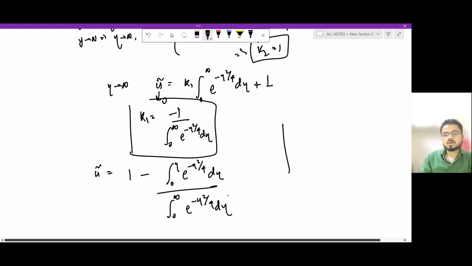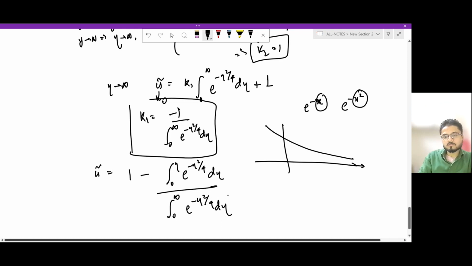And let's look at the curve of e to the power minus x, for example. This looks something like this. Now imagine if this x was squared. So this means this x will always be positive.